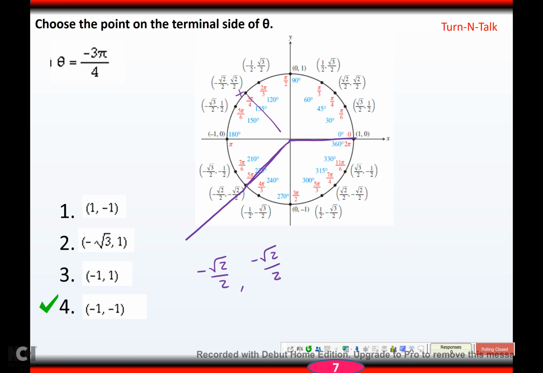Well, first thing I'm going to do is, if I kill the radicals, that would be negative square root of 2, negative square root of 2. If I divide both of those by a positive square root of 2, I get negative 1, negative 1. So it's got to be that one.